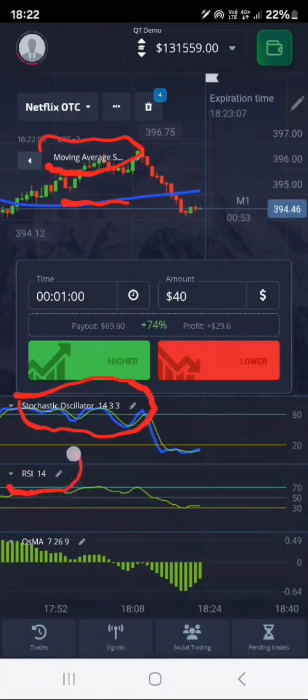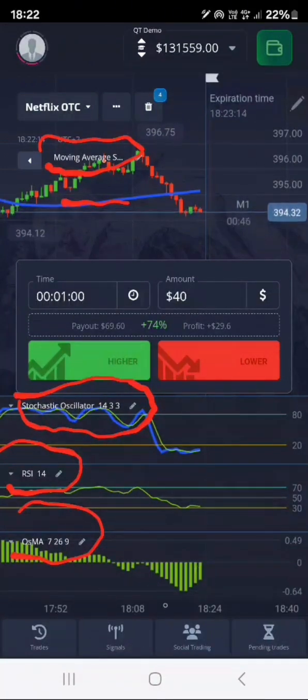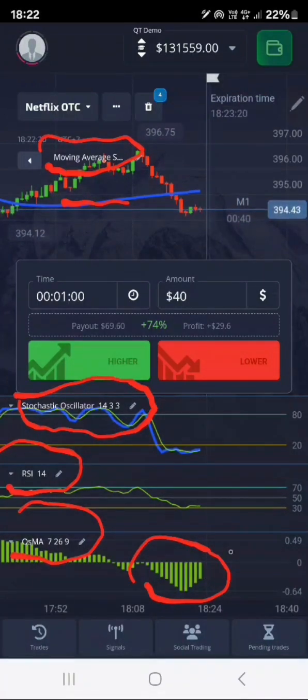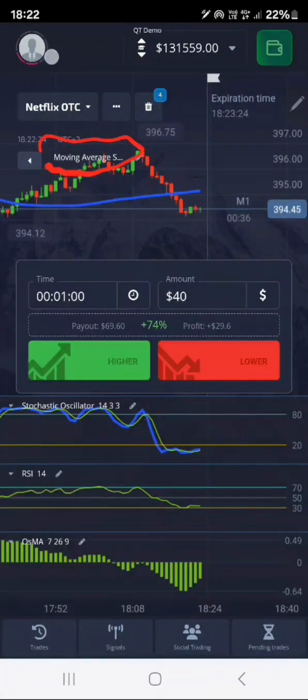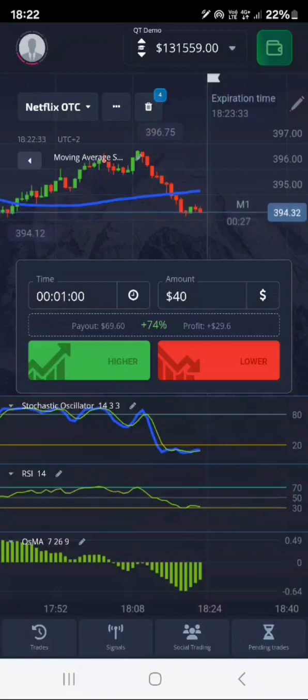You need RSI. You need OSMA. So let's say 4 indicators. OSMA shows you the volume of a candle. So the last candle, you can see the volume that it has. So you need those 4 indicators. I'll show you how to set up those indicators in my groups. As you know, I give you videos and I help you to set up the indicators.